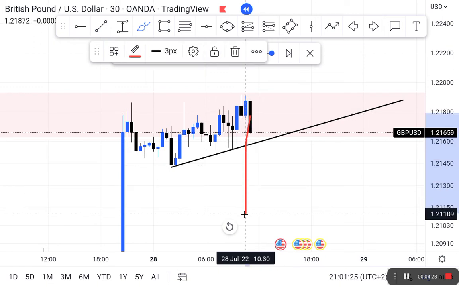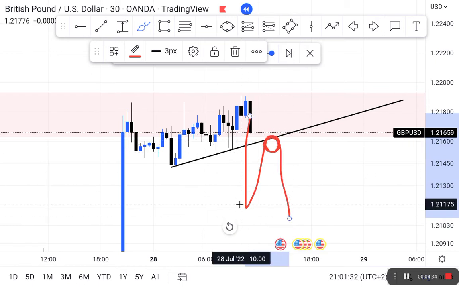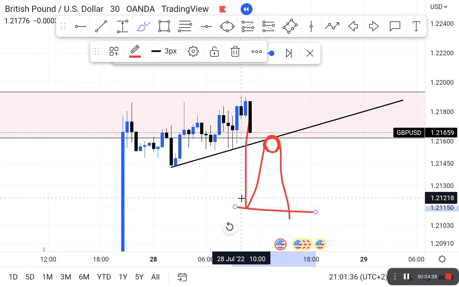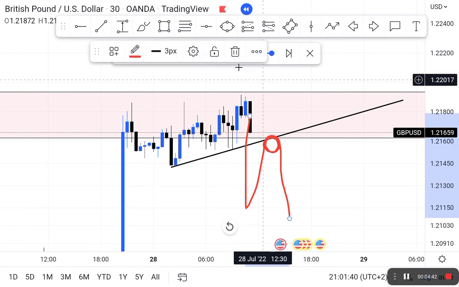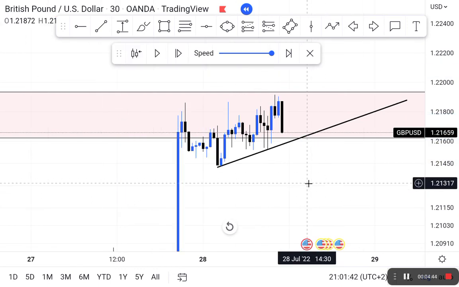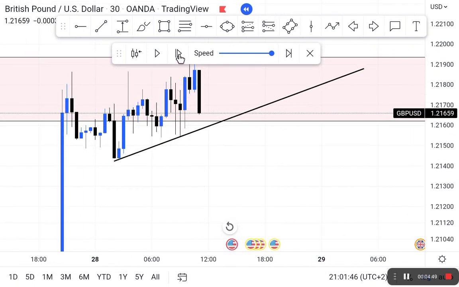So if we break below, retest, that can be where we can take our short back down into the previous turning point. So okay, that's fantastic. The market is now setting itself up for a potential short. Let's see if it will actually occur.